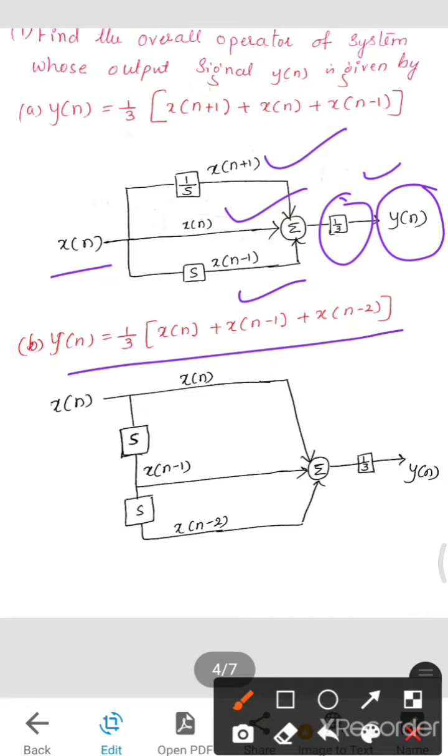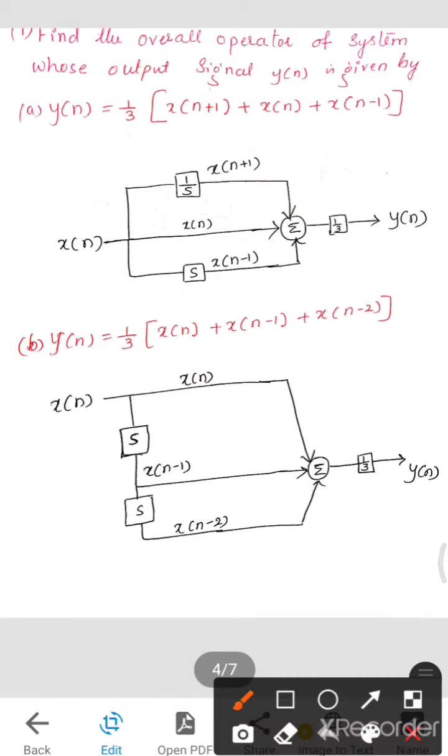For y of n, we are supposed to find the overall operator of the system. y of n equals 1 by 3 times x of n plus x of n minus 1 plus x of n minus 2. Okay, so all are delays only, right? But a double delay we are supposed to take. Let's see, x of n signal, yes, we have to add that signal, so take that directly.